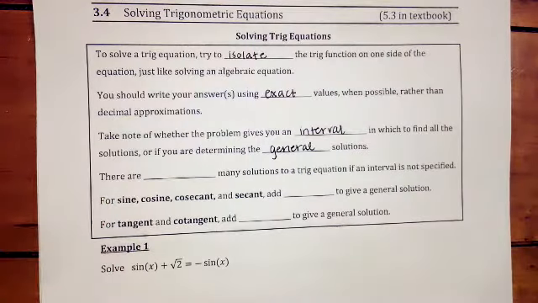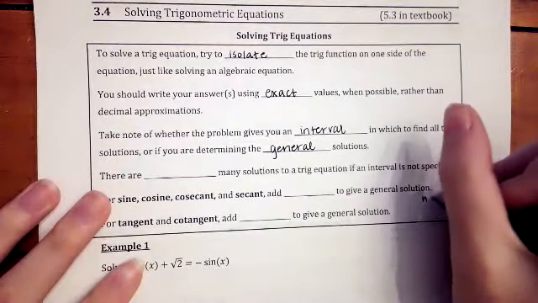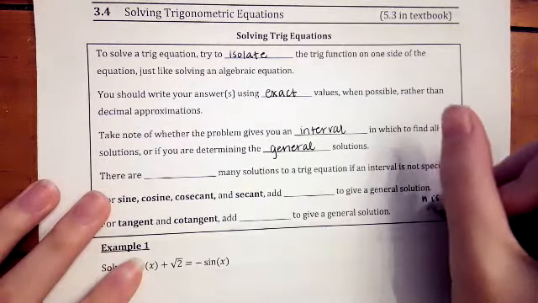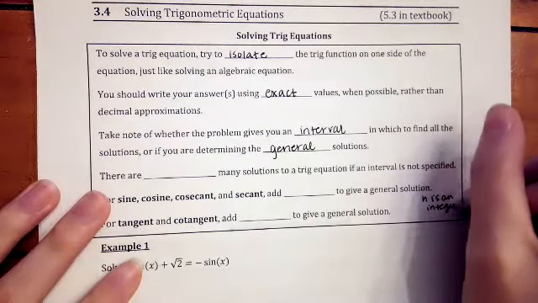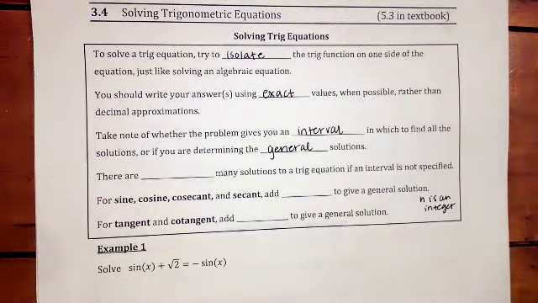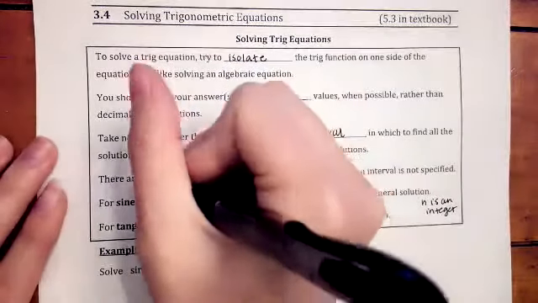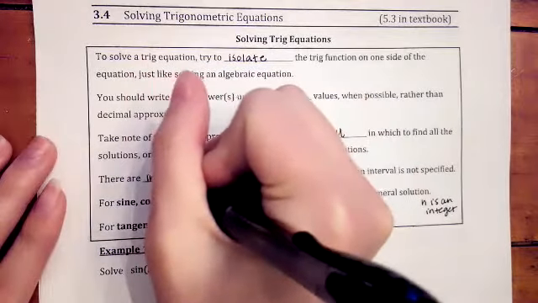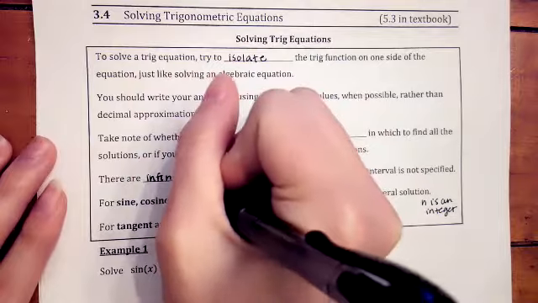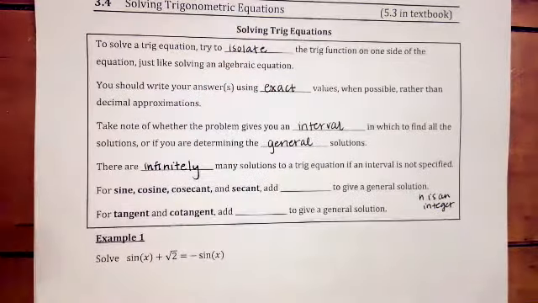In general solutions, we may have some stuff with n's, where n is an integer, so that we can write it for all kinds of different stuff. There are infinitely many solutions to these trig problems. That's why sometimes they're limited with an interval, or we're going to determine general solutions so that we don't end up listing out all of them.